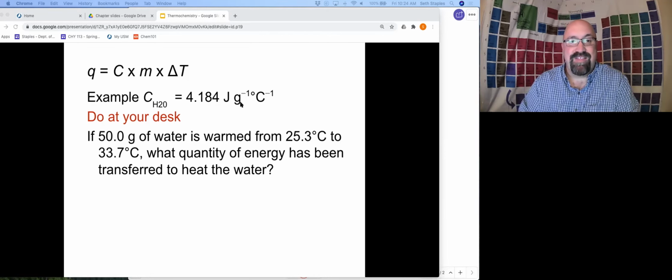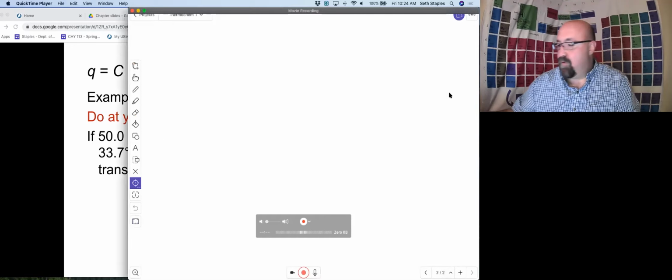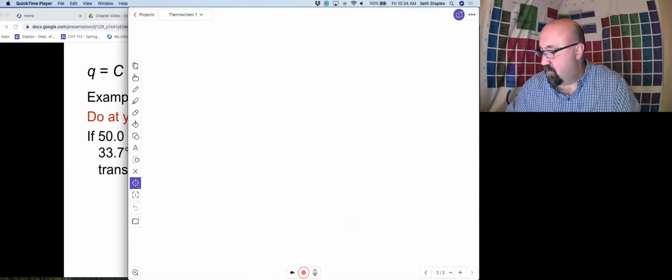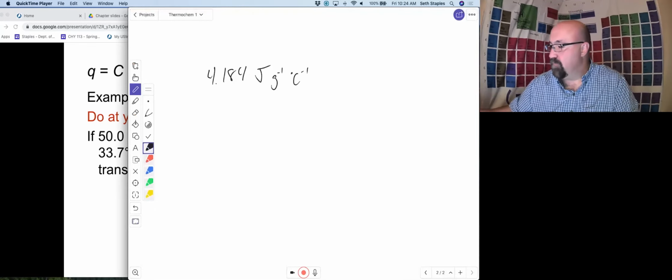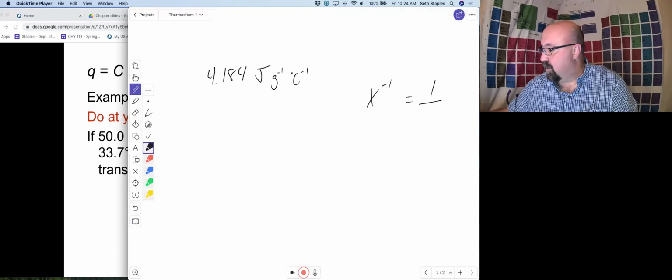If you haven't seen this symbology written like this, this was 4.184 joules gram to the -1 degree C to the -1. Just remember that a -1 as an exponent is the same as 1 over that variable.